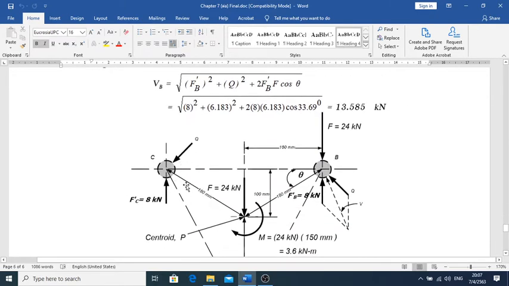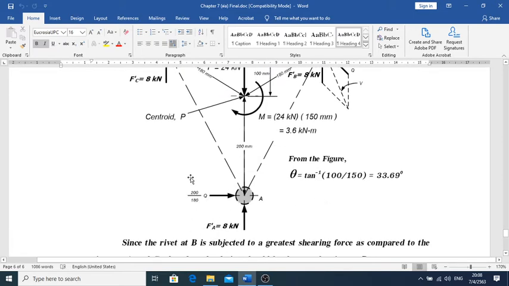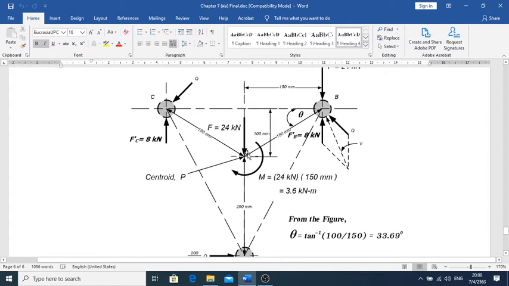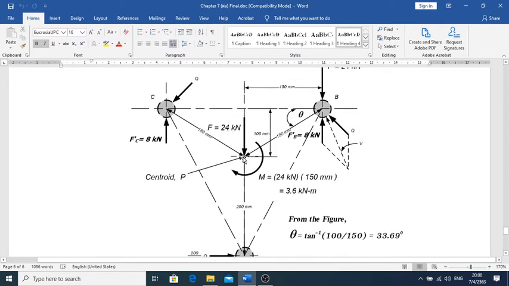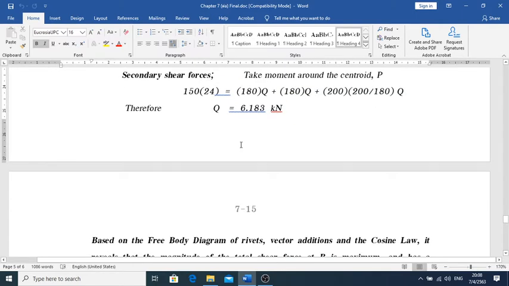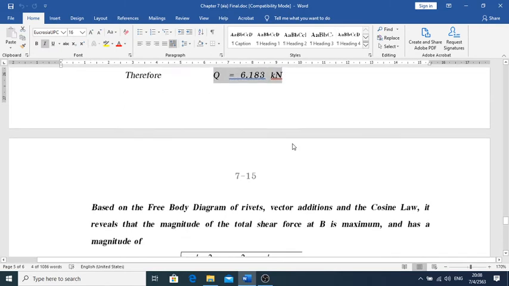We suppose the Q term there, the Q term and Q term, and then this one is a portion of 200 over 180 because it is away from the centroid 180, away from the centroid is a portion of 200. This is the trigonometry anyway, so we just simplify by the Q term.